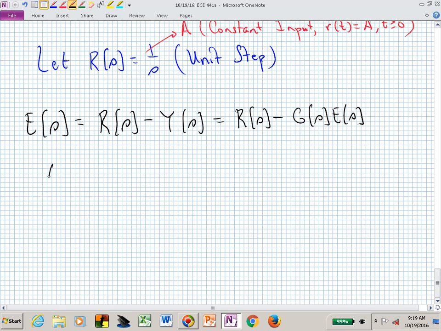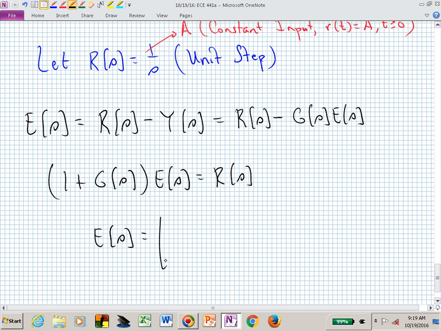And I can now take both E of s terms to the left, and the transfer function between the error signal and the reference input is 1 over 1 plus G of s.